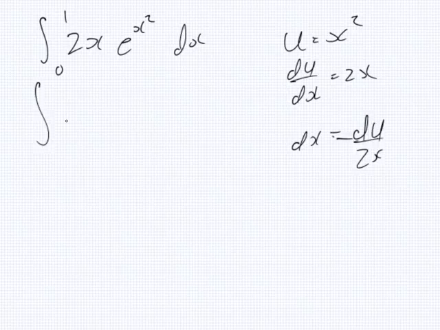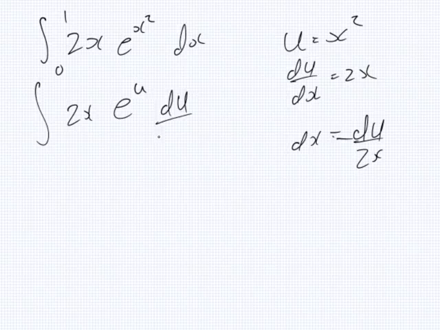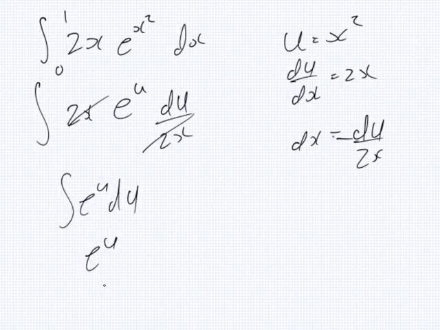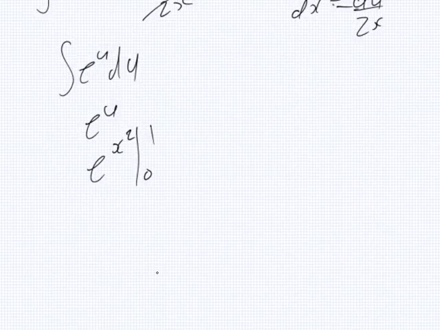So this becomes the integral of 2x e^u du over 2x. They cancel, and you're left with e^u du, which is e^u, which is e^(x squared), and then we put in the limits. Okay, you don't need to write that down, that's just the usual story.